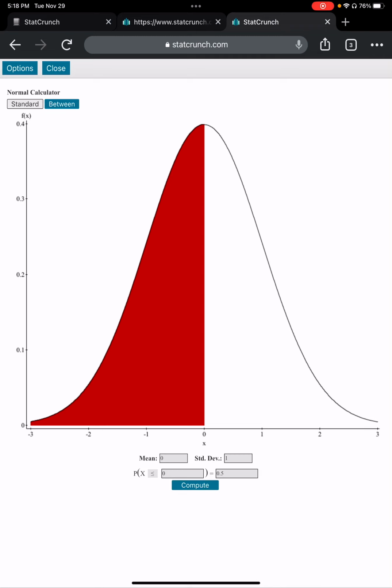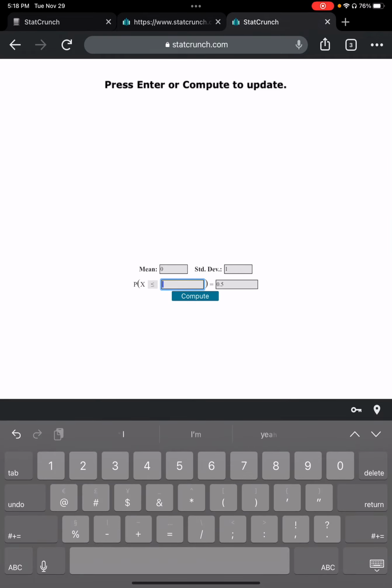So I have a mean here of 0 and a standard deviation of 1. So what I'm looking for is a Z-score that I can pick either side of that. I'm going to look to the left, the 3.804, the positive.